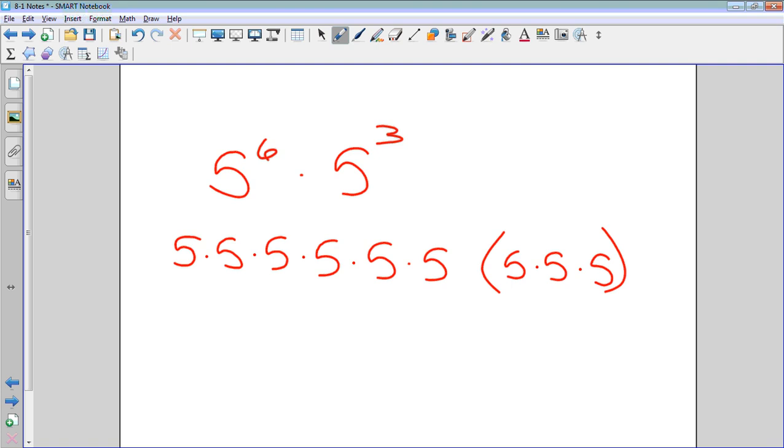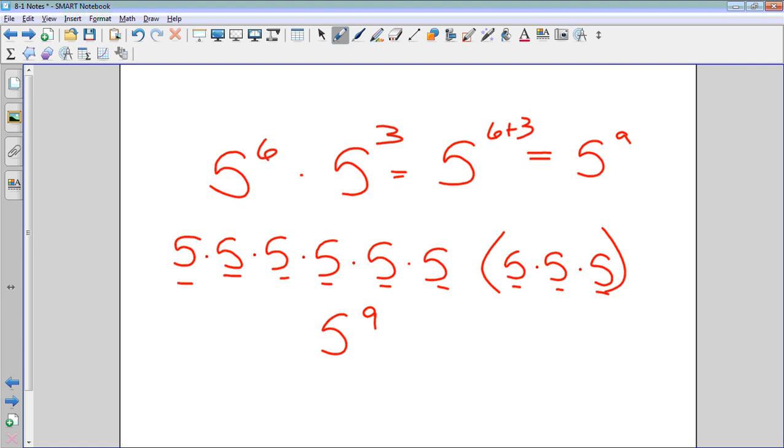How many 5s do I have? It's just all multiplication. I have 1, 2, 3, 4, 5, 6, 7, 8, 9. So it's just 5 to the 9th power. Well, what's another way to do that? Just take your 5 and add 6 plus 3, get 5 to the 9th, instead of writing out every single 5. Does that make sense?